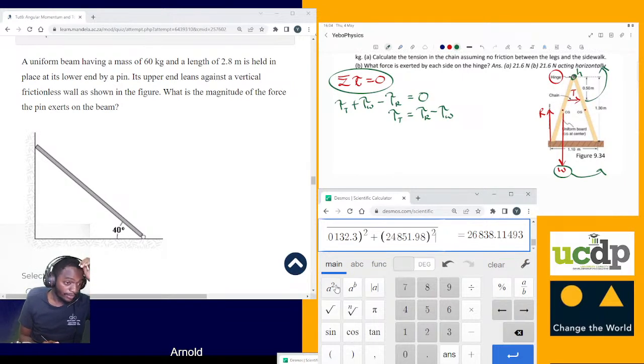Now the next thing would be to recall our formula. We've just been using it.